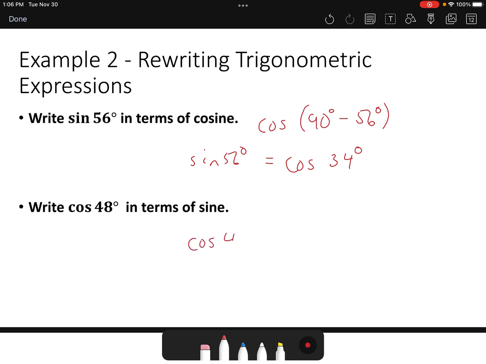Cosine of 48 in terms of sine. Okay. Well, what would that equal? The sine of 90 minus 48, which I believe is 42. So the cosine of 48 equals the sine of 42.